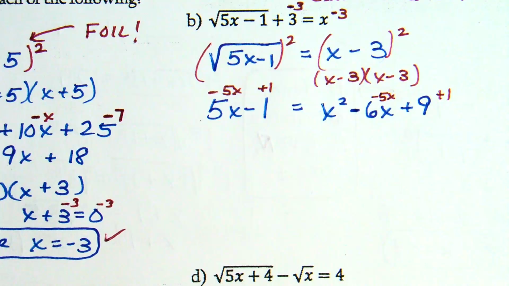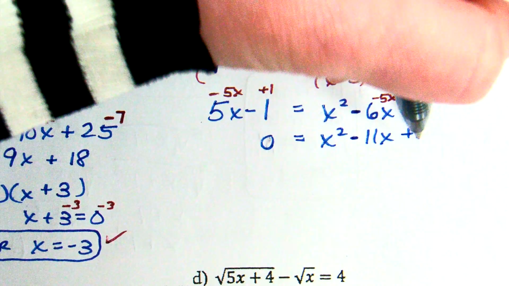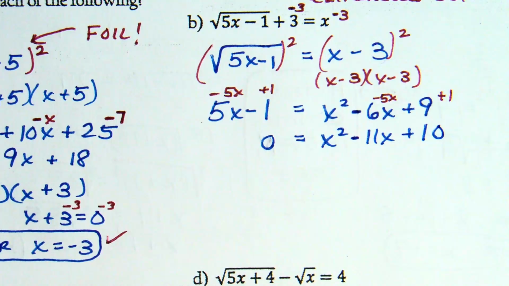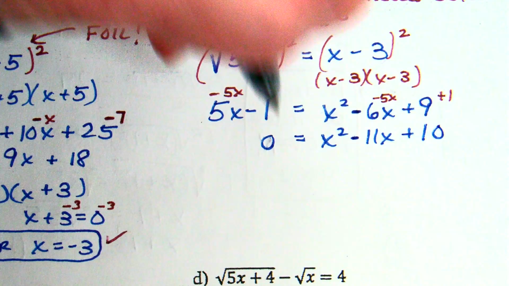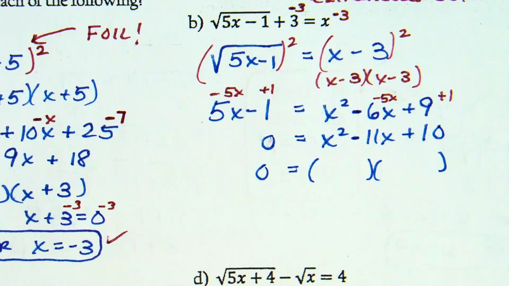I end up with 0 equals x squared minus 6x minus 5x, minus 11x plus 9 and 1 is 10. What are we hopeful will happen? We're hopeful that this can factor. X squared breaks into x and x. What needs to be happening with my numbers?